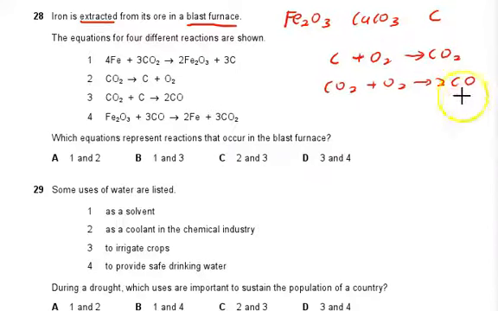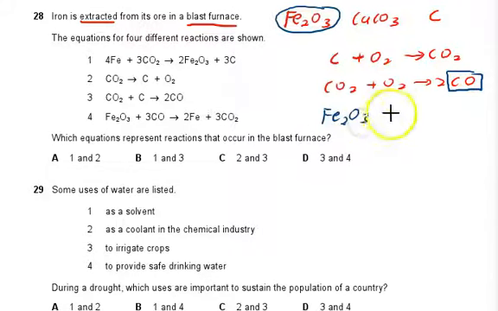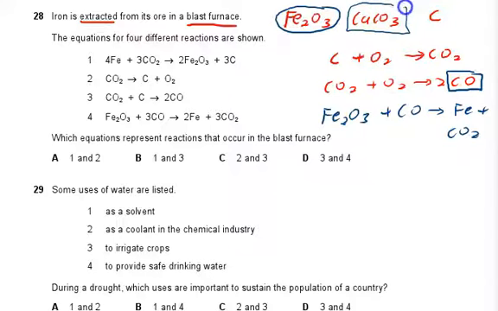Then this carbon monoxide is a very strong reducing agent. So it will reduce the iron oxide to become iron and release carbon dioxide. The other one here is calcium carbonate, which is not included here, but anyway I will explain.